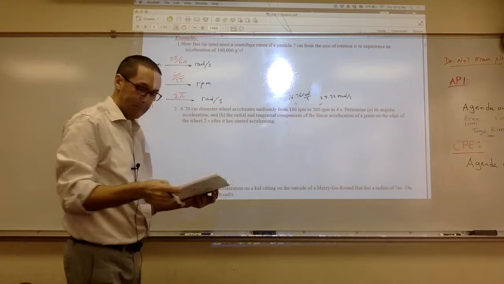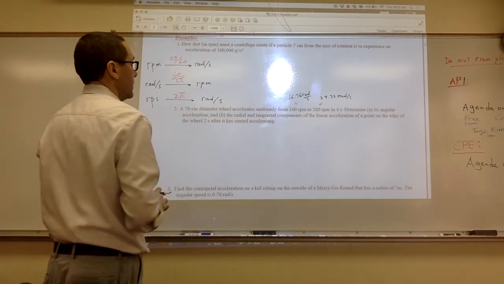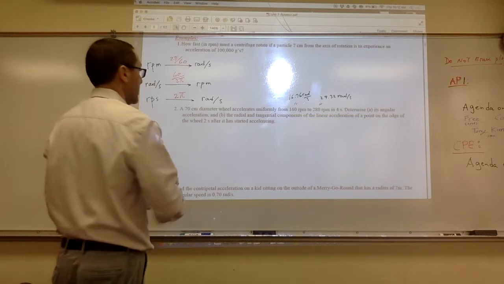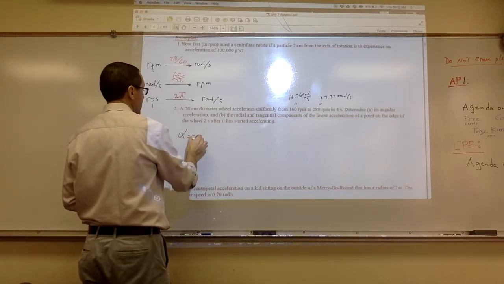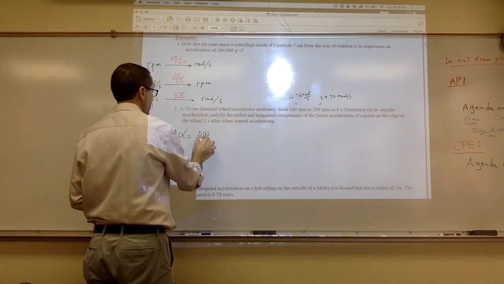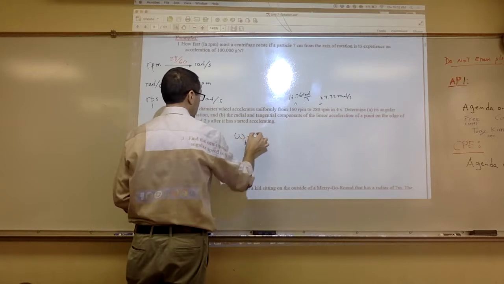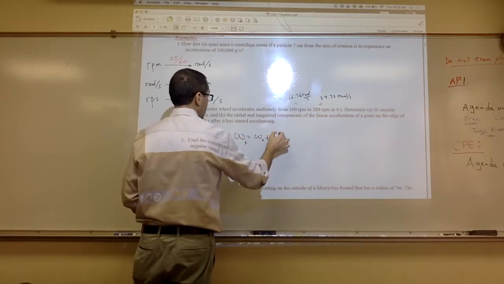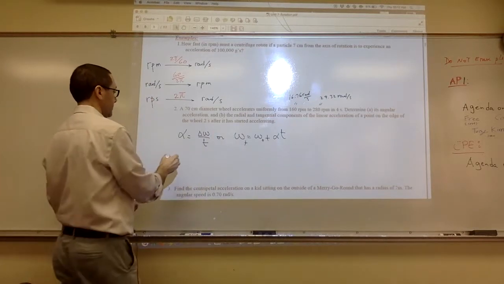Okay? Yep. Okay. So the first question is saying determine its angular acceleration. So we're looking for alpha, which is change in omega over time, or you can say, well, omega final equals omega initial plus alpha times t. Same equation basically.